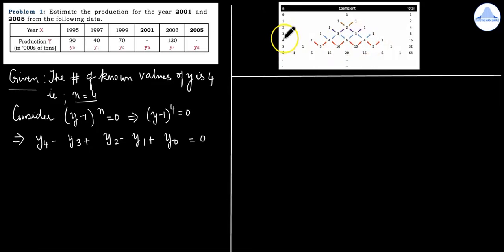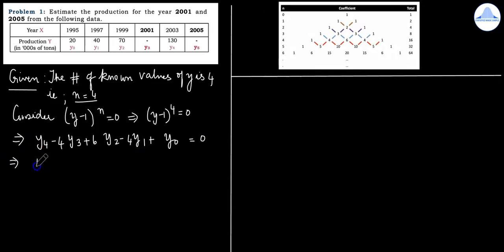Now because n is 4 in the problem, you have to see what the coefficients are. It's 1, 4, 6, 4, 1. So 1 we usually don't write, then you write 4, 6, 4, and then you have 1, which is equal to 0. Next you see the table and substitute.